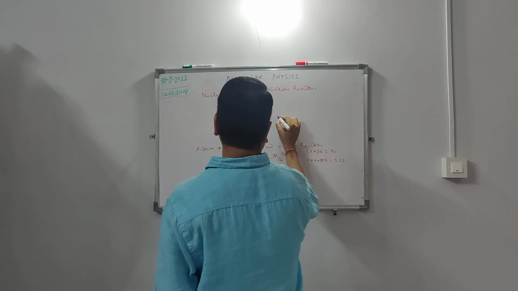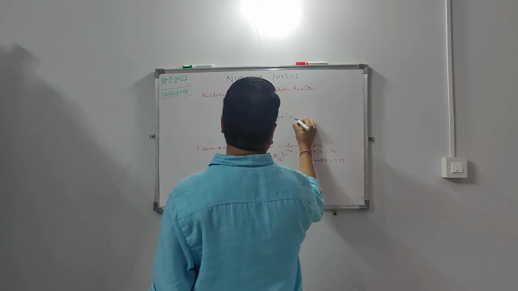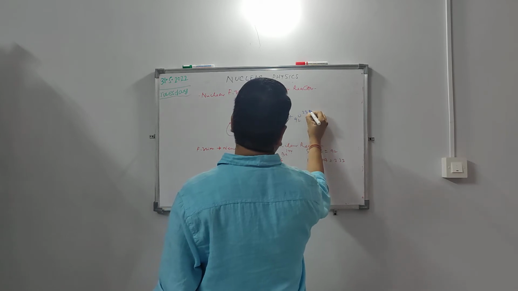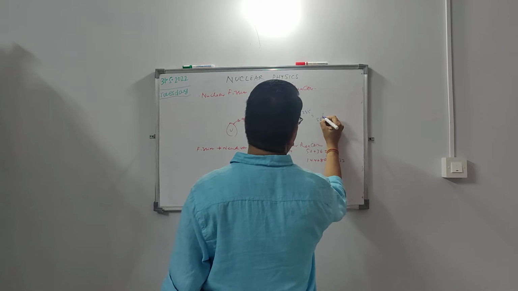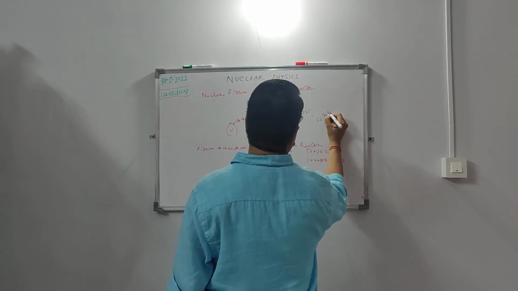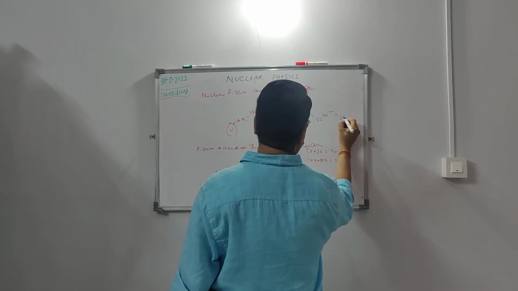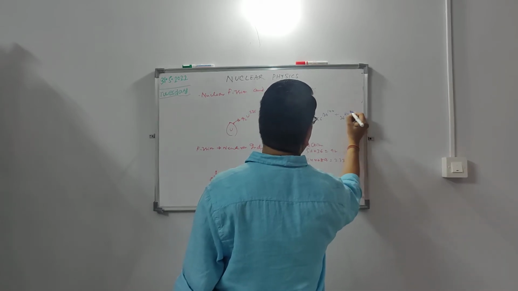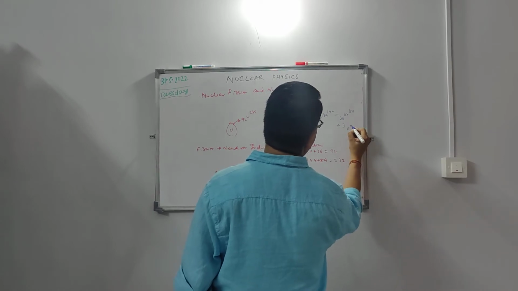So the equation is like this: 0n1 plus 92U235 is equal to 56 barium 144 plus 36 krypton 89 plus 3 zero charge.